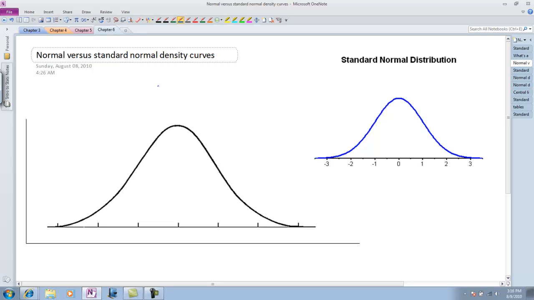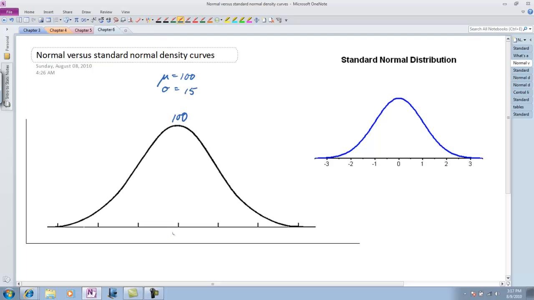So in the IQ example, the mean is 100. The standard deviation, I should use a notation for standard deviation, is 15. So this would be 100 in the center.